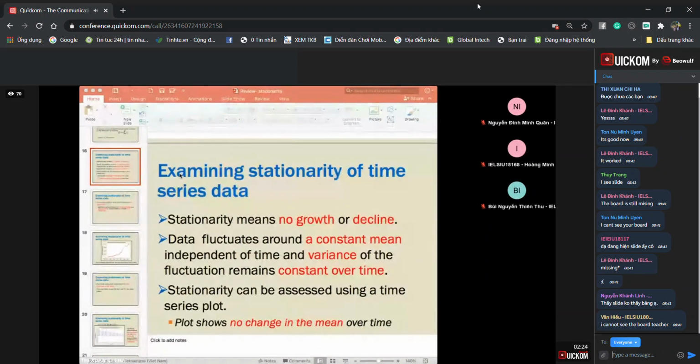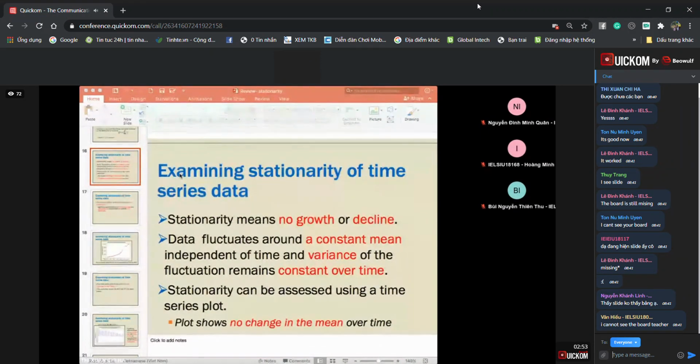Look at the ARIMA. P represents AR, D represents difference, and Q represents MA.